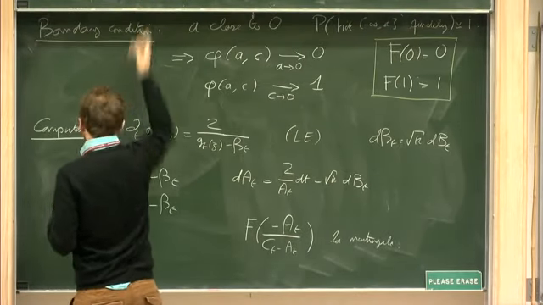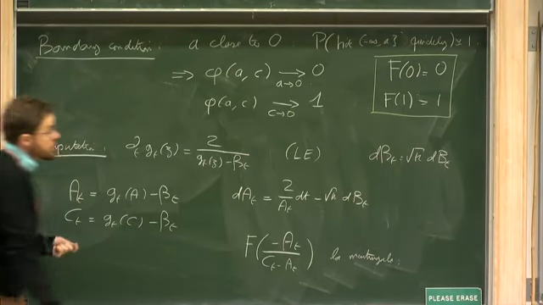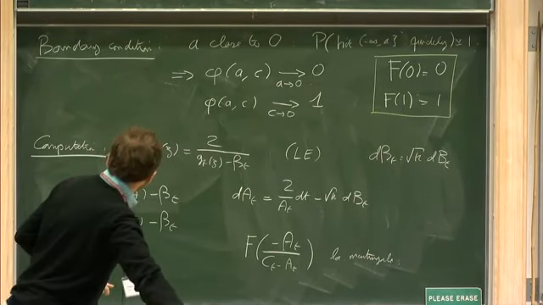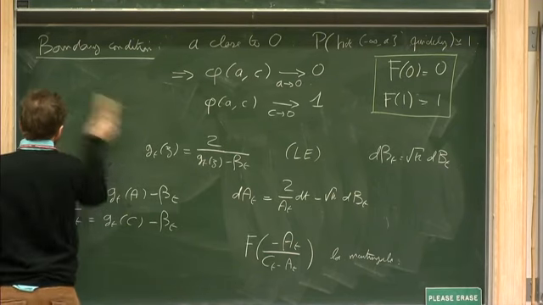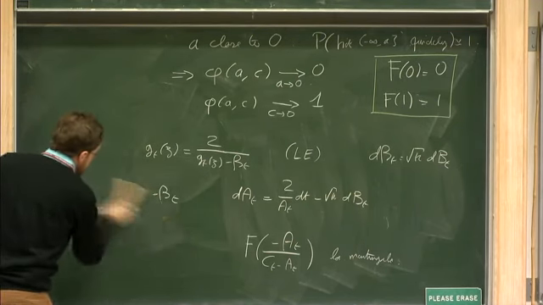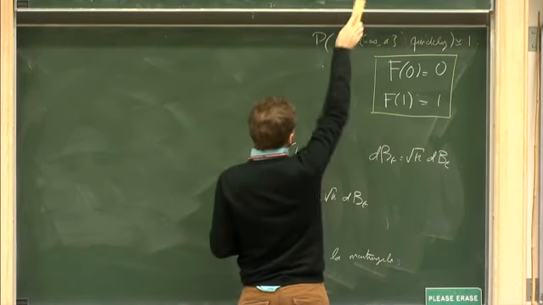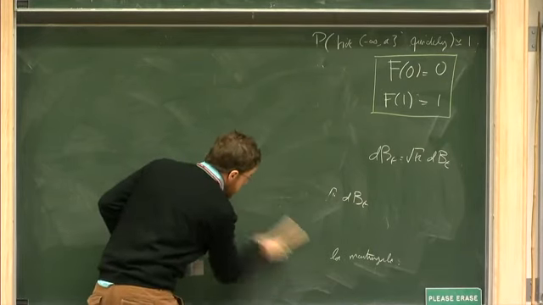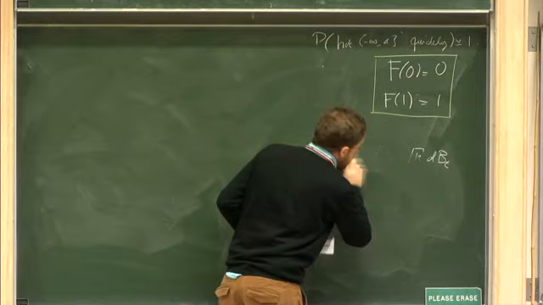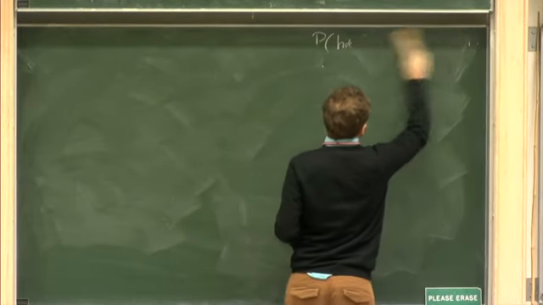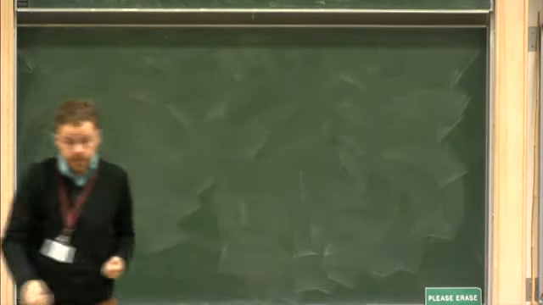So if you want to convince yourself that this is not completely absurd, you can build one random curve that looks exactly like this, that is random, that is related to Brennan motion, and that is going through every point in the upper half plane.